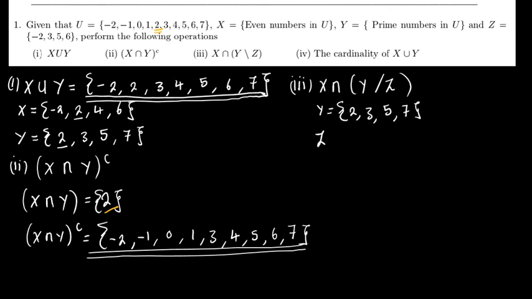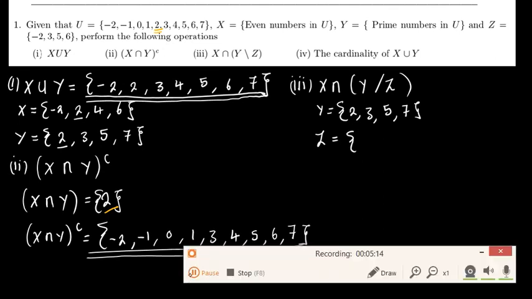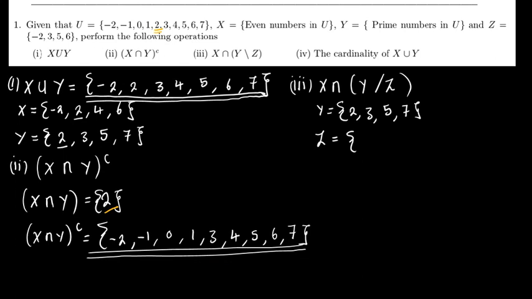Set Z is this particular set. So we have -2, we have 3, we have 5, we have 6, like that.